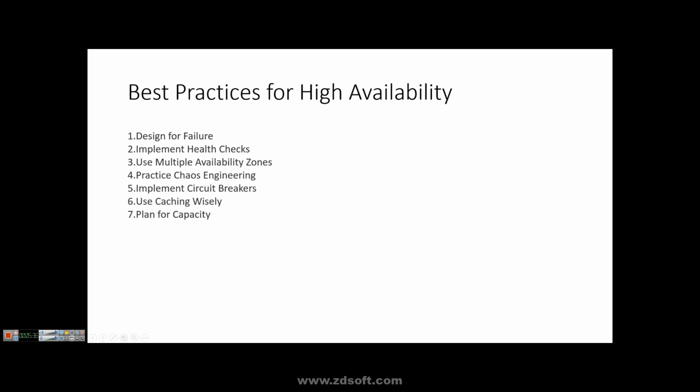Then, to design a high availability system, what are the best practices? We have 7 best practices. First is design for failure. Whenever designing any system, we should always assume that any component can fail at any time, and design the system accordingly so that it can handle requests even though that component has failed.